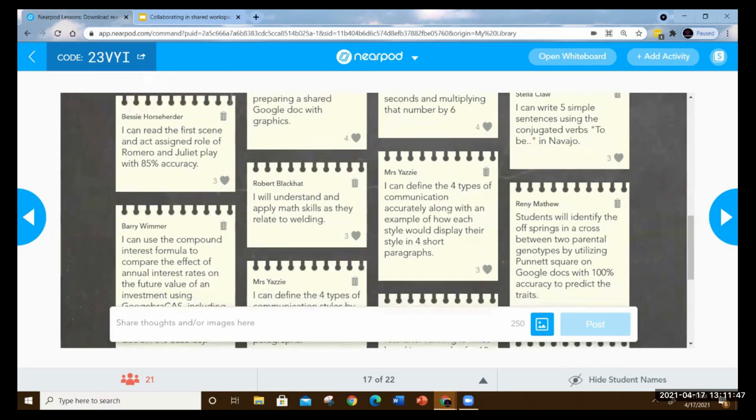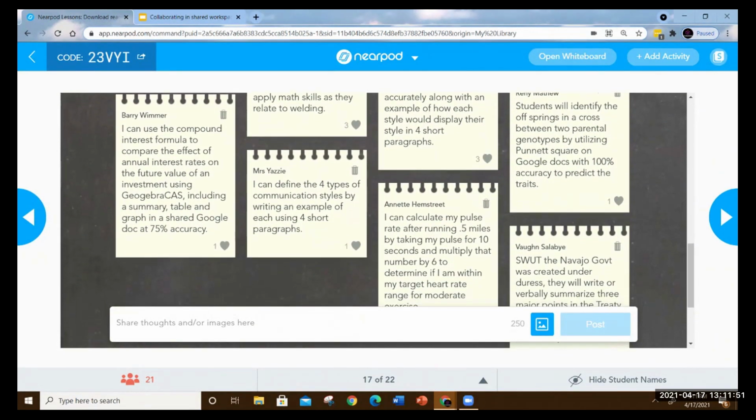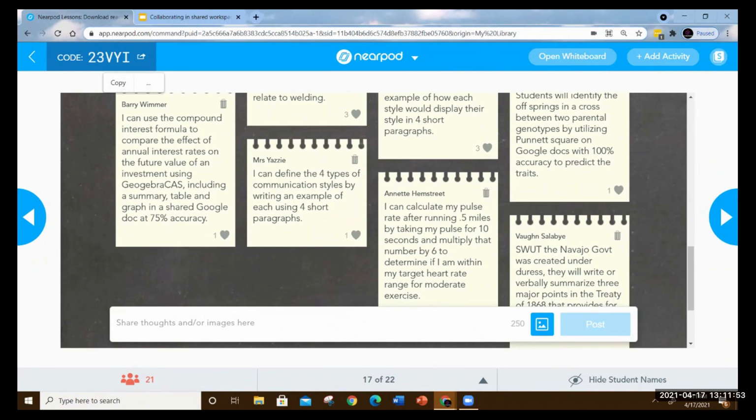But what if I wanted them to define those, to know those? Well, if they're going to write an example, I actually feel like defining communication styles and then writing examples of them is two different targets.